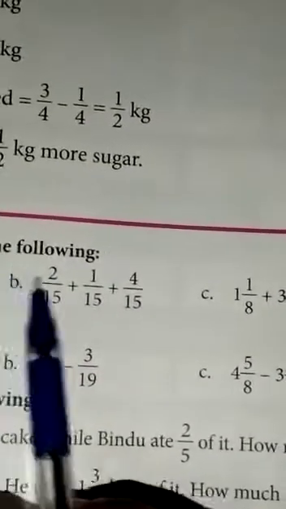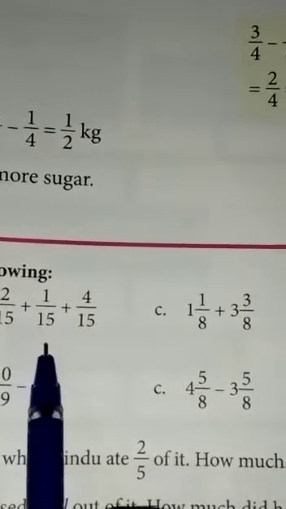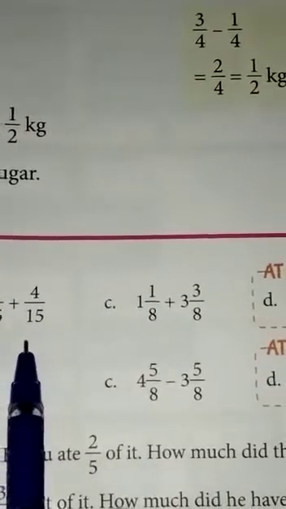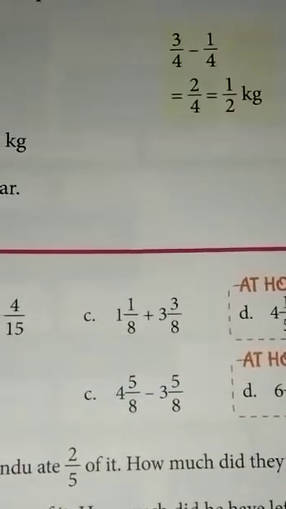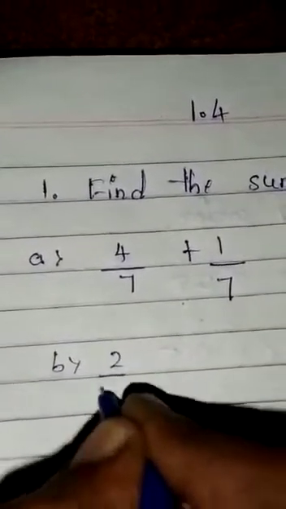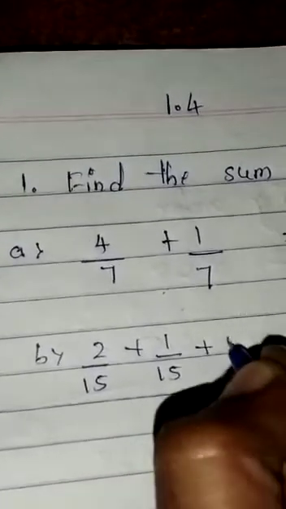Next one is B. 2 divided by 15 plus 1 divided by 15 plus 4 divided by 15.